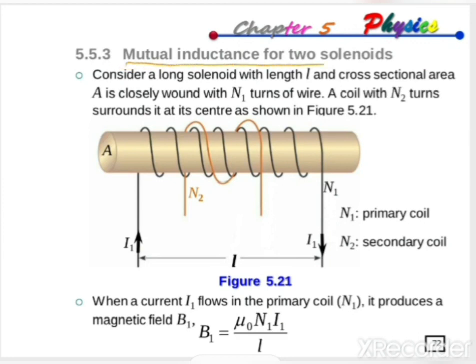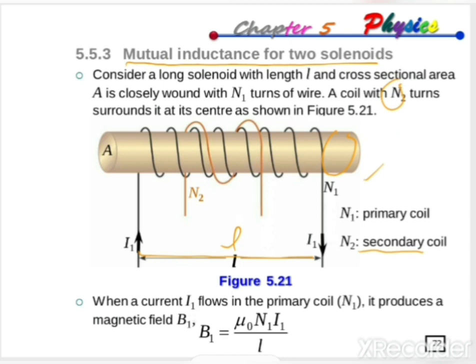Mutual inductance for two solenoids. Consider we have a long solenoid with length L and cross-sectional area A, closely wound with number of turns N1. And we have another, secondary coil with N2 turns around it at its center, as shown in the figure.